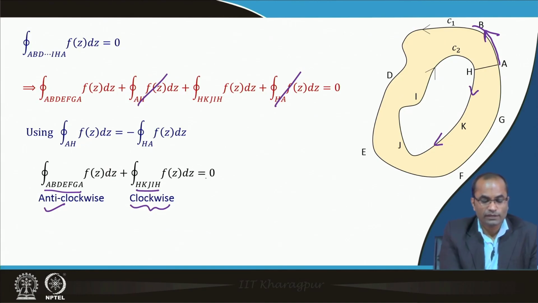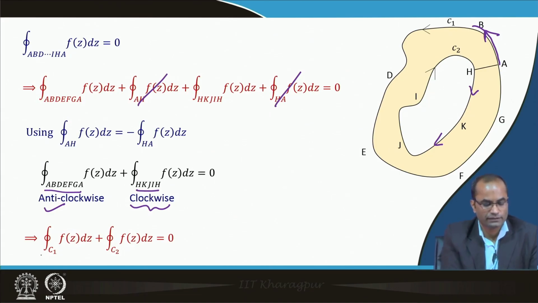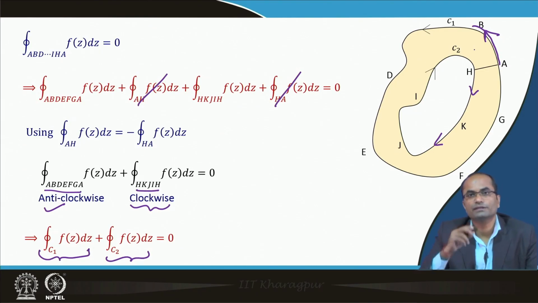So, and these two, the sum is equal to 0, where the notation itself we have taken in this format, that the first curve is the C1, the outer one, the second is the C2, which is traversed in the clockwise direction. The C1 is traversed in the anti-clockwise direction.